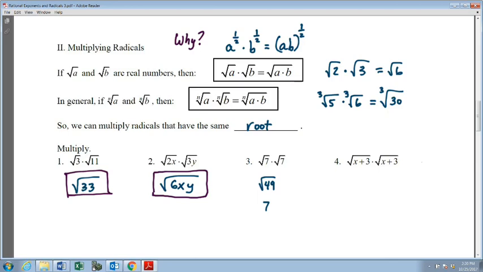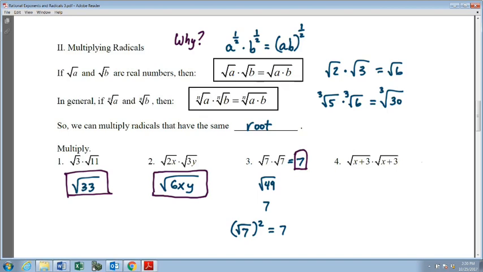Interesting. It's not surprising though, because what we really have is the square root of 7 squared. And we've already discussed how square roots and squaring, or squaring and taking a square root, are opposites. And so you would get 7 here. And so that is our answer. So I don't really need to do anything.